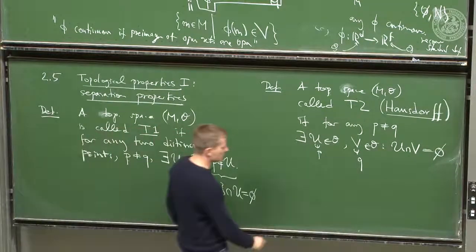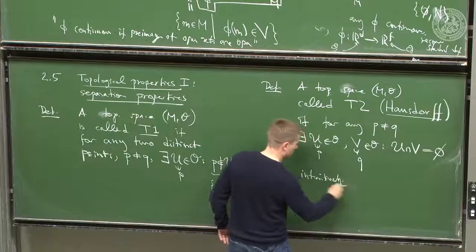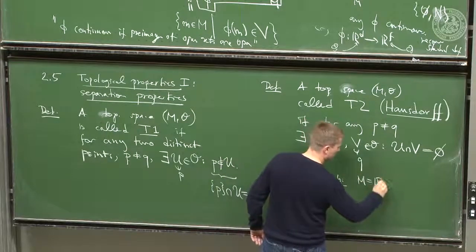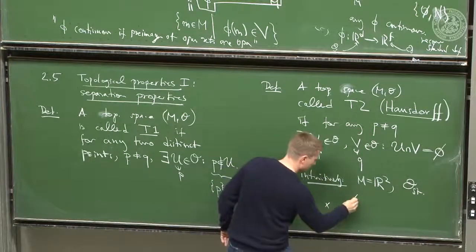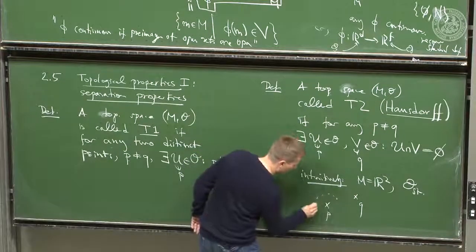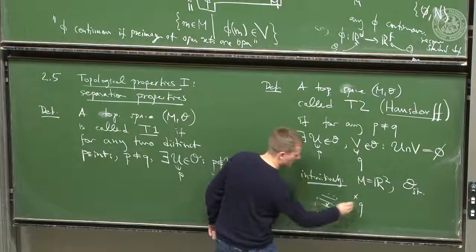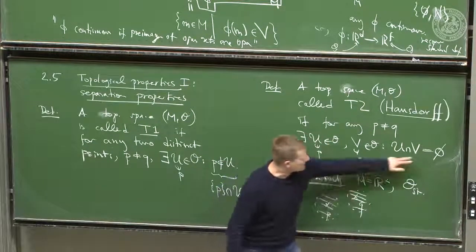So if one wants to draw a picture intuitively, well, intuitively we better say what topology we take. We take R2 and equip it with the standard topology. I have this point and this point. If they're distinct, I always find an open set around here and an open set around here, such that the open sets do not intersect.